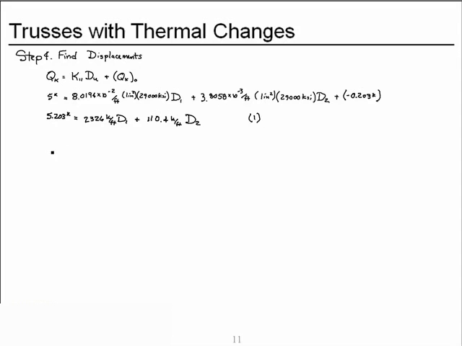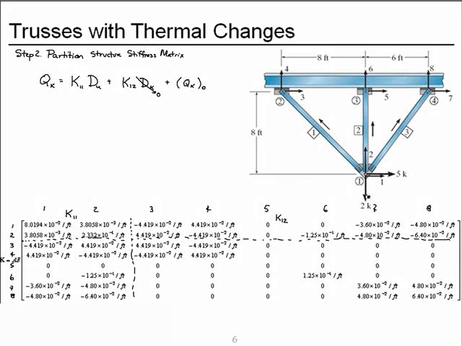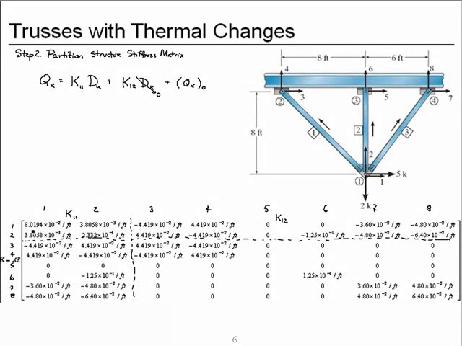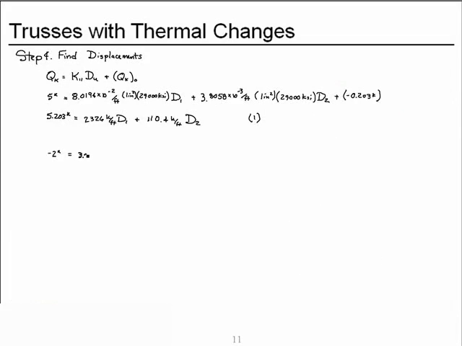Now our other equation. In this case, we're talking about the known force at degree of freedom 2, which is a minus 2 kips, and it equals our coefficient associated with force in degree of freedom 2 due to displacement at degree of freedom 1, 3.8058 times 10 to the minus third per foot.